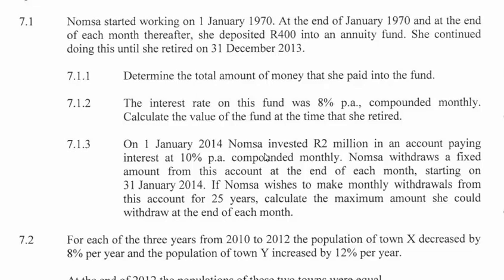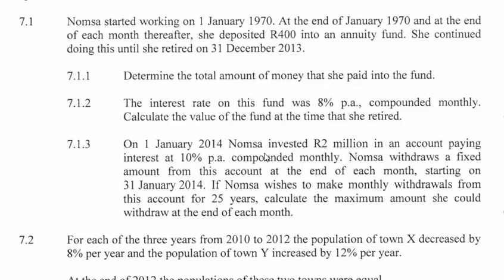So from January 1970 till the end of 2013, that would be 43 years, but she does it every month, so it's 43 times 12, and then every month she puts 400 Rand into that account.